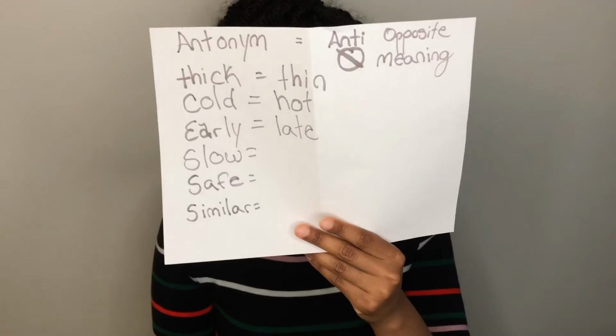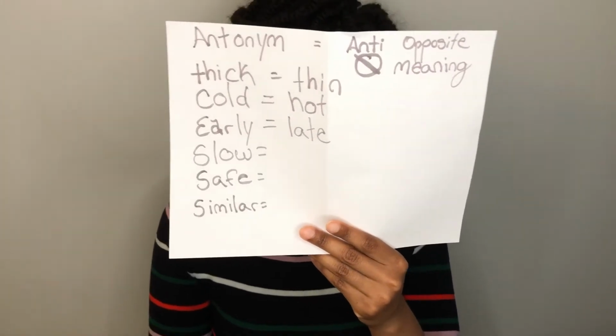And our next word is safe. S-A-F-E. Safe. And our last word is similar. S-I-M-I-L-A-R. Similar. Your paper should look something like this. Slow, safe, similar.